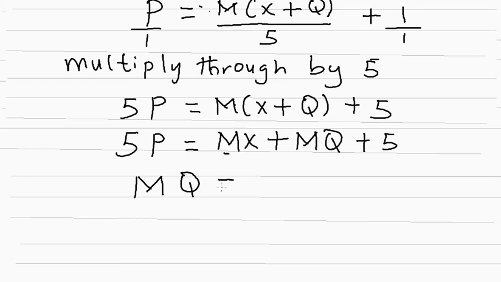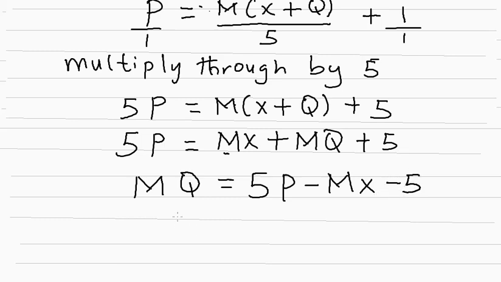So here I'm going to have this mq. So 5p, I'm going to move mx to the other side. Plus mx goes over, it becomes minus mx. Plus 5 goes over, it becomes minus 5.